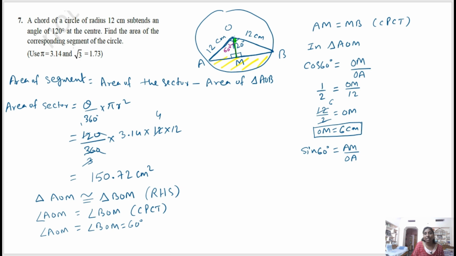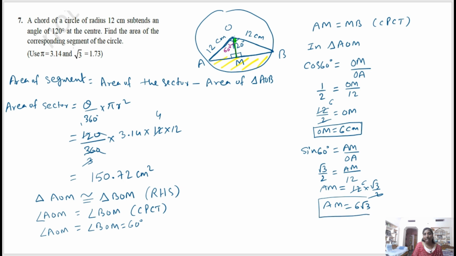Sine 60 is root 3 by 2, equal to AM by OA, and OA is 12. By cross multiplication, AM is equal to 12 into root 3 by 2. The 2 and 6 cancel, so AM is equal to 6 root 3.